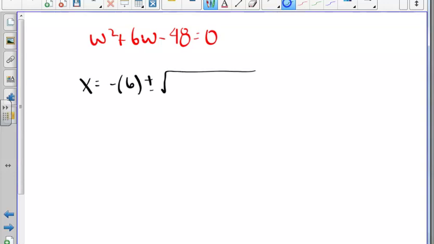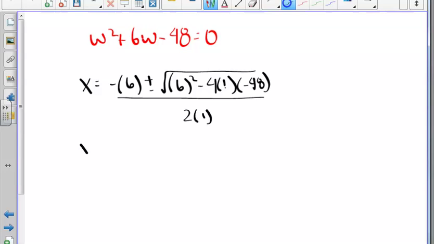If we use the quadratic formula on w squared plus 6w minus 48 equals 0, we're going to plug in x equals -b plus or minus the square root of b squared minus 4 times a times c, divided by 2 times 1.